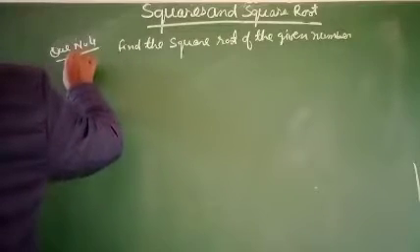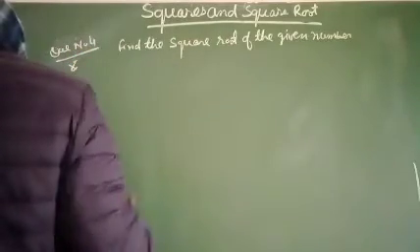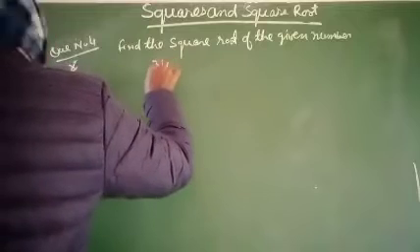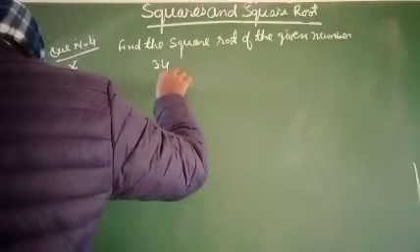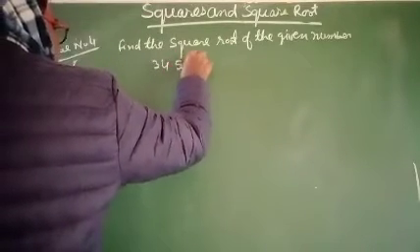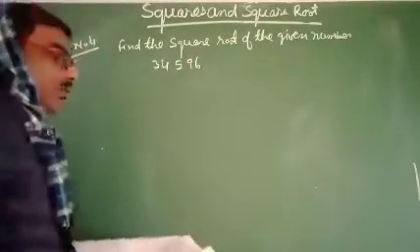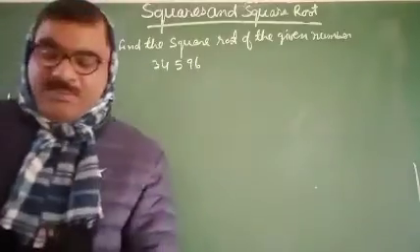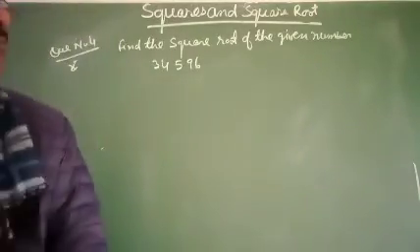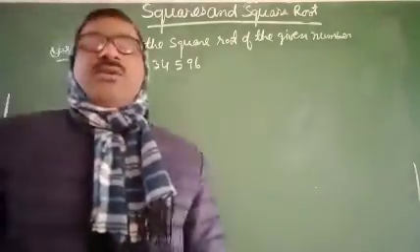This is part 10. The question is 34,596. You have to find out the square root of this number by the long division method.